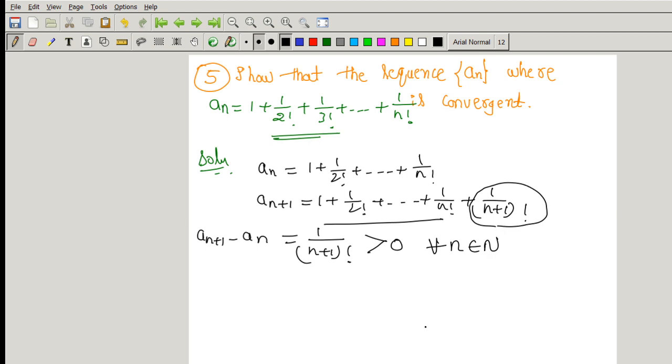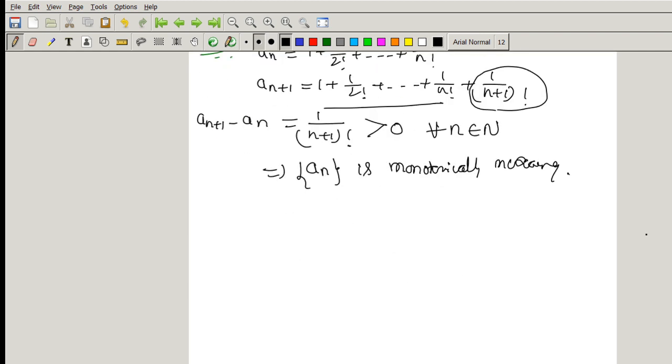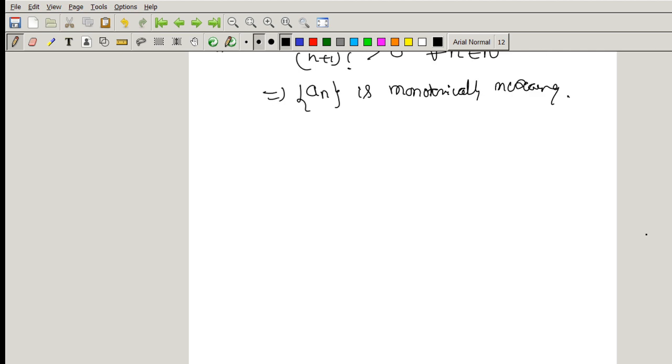This term is always greater than 0 for all n, which implies the given sequence a_n is monotonically increasing. Now I am checking the bounded above condition.